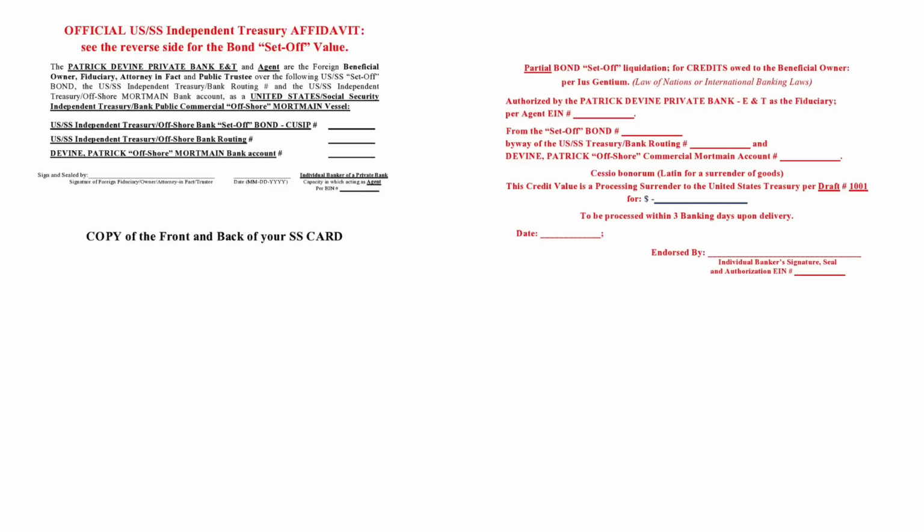Basically, like I said, this covers the Social Security account and also the military DD-214 account. The bank routing number for the military DD-214 is your Social Security bank routing number. The account number is your selective service number.